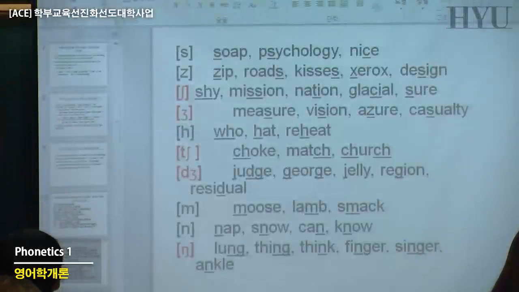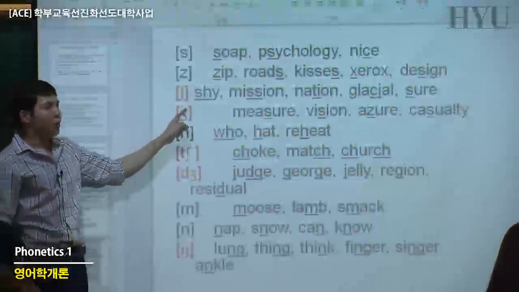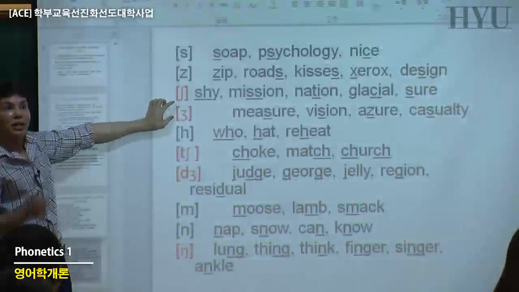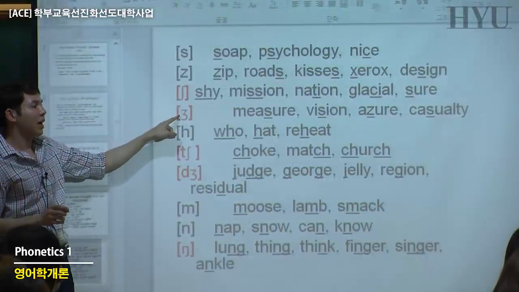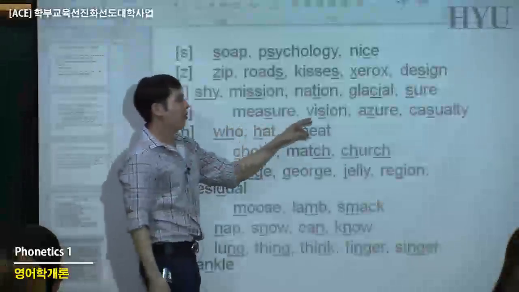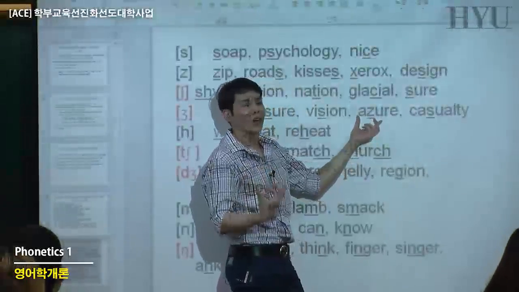Shh. And then the below one, which looks like number 3, is the same as the top one, but is voiced. So sh becomes zh, like that, right? Measure, vision, azure, it means like blue color, azure.